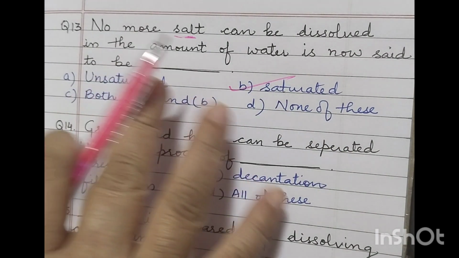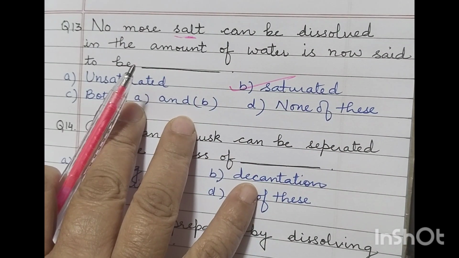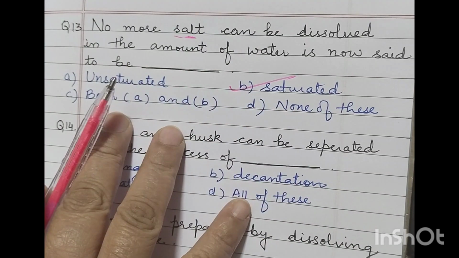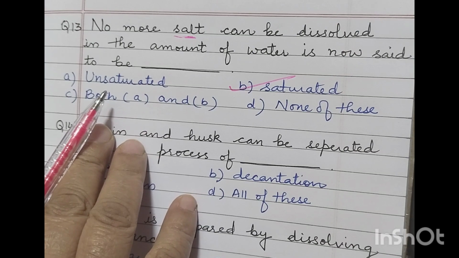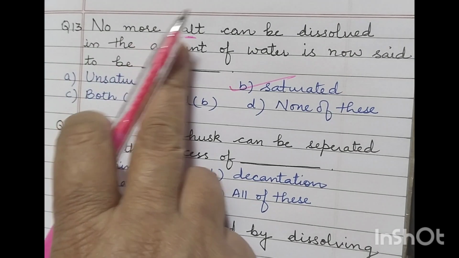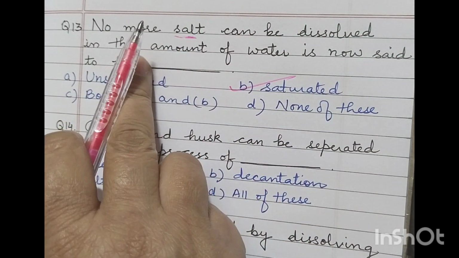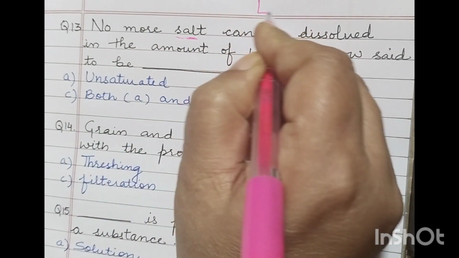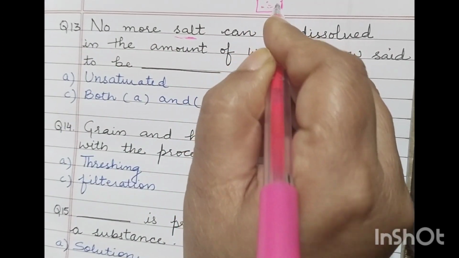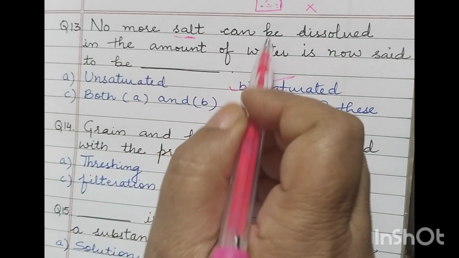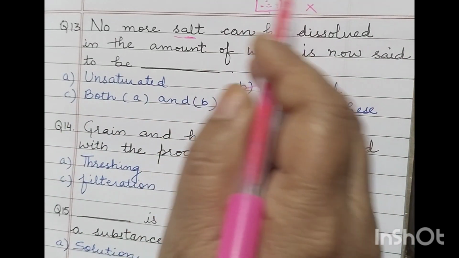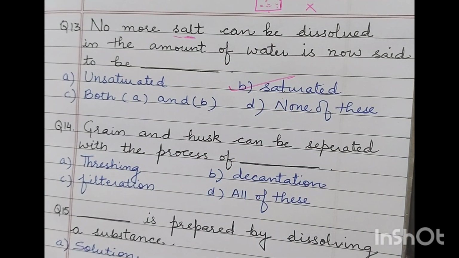If we are able to add more salt, or more salt can be dissolved in the amount of water, then that solution is known as unsaturated. But when no more salt can be dissolved, meaning after dissolving a certain amount of salt in the water no more salt can be dissolved, that solution is known as a saturated solution.